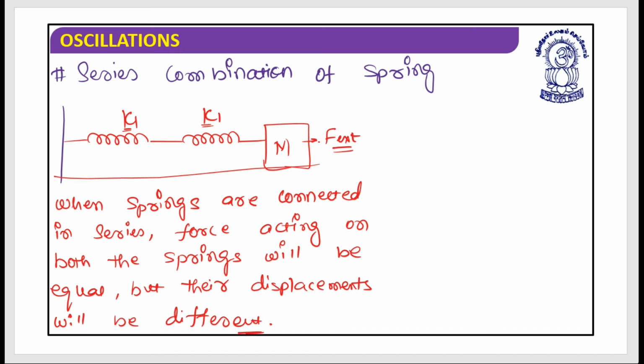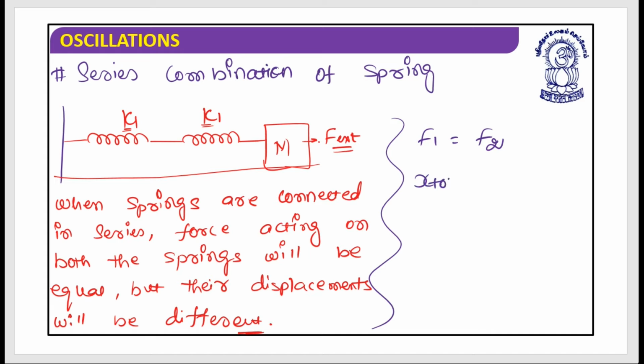Please keep this in mind. When any two springs are connected in series combination, the force acting on both the springs must be equal, but the displacement would be different. So in this case, F1 is equal to F2.